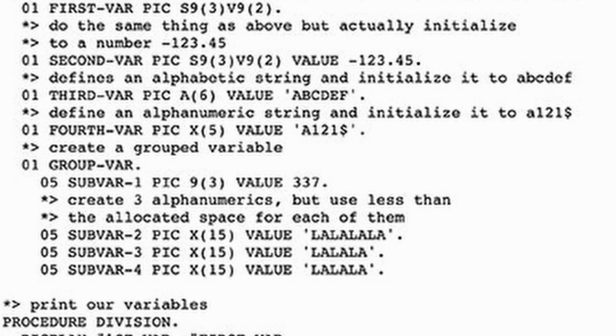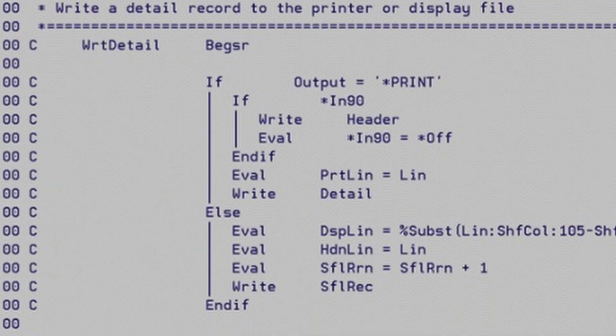COBOL was designed primarily for business data processing, payroll, billing, accounting, inventory, the kinds of jobs computers were increasingly being asked to perform. RPG stood for Report Program Generator. It was also designed for business data processing and became particularly important on IBM systems such as the System 3.